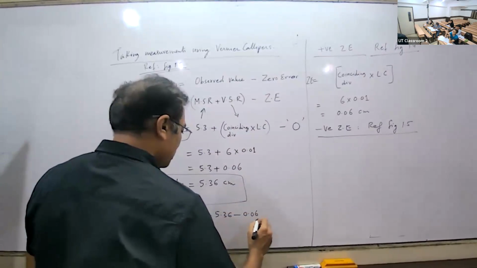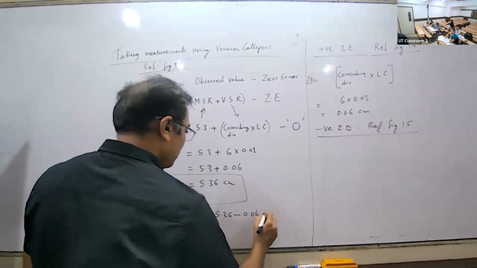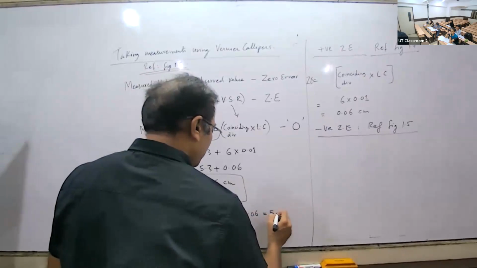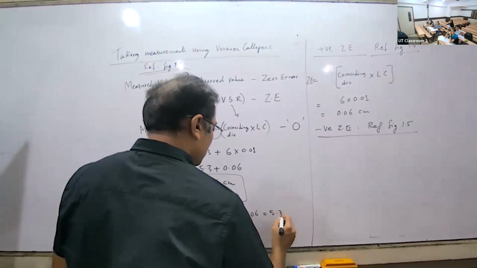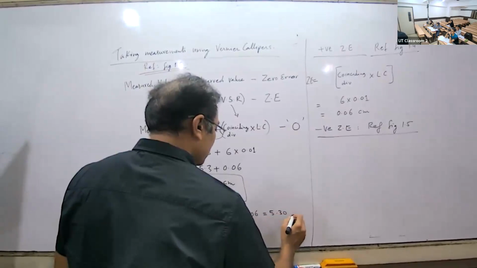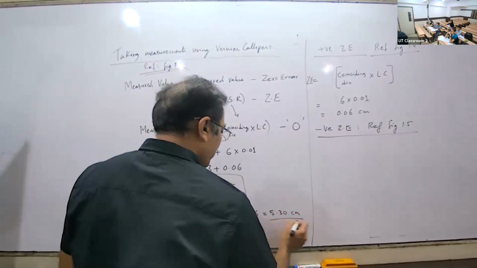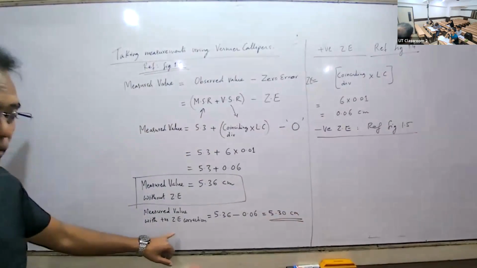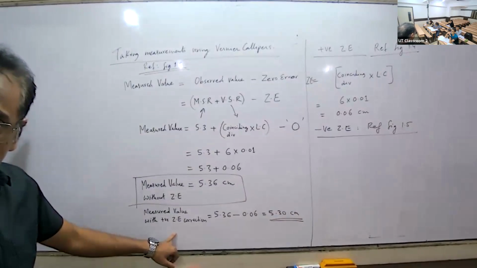And this will be equal to 5.30. So that is the measured value with positive zero error correction.